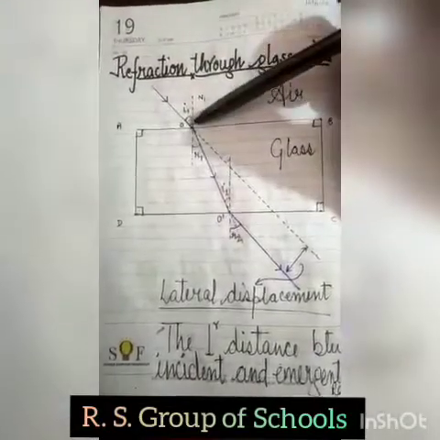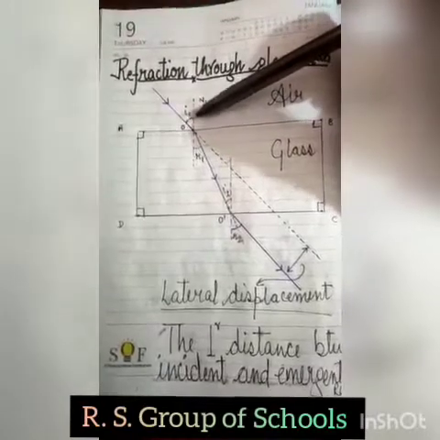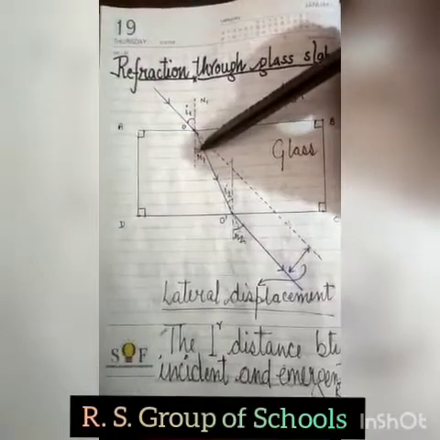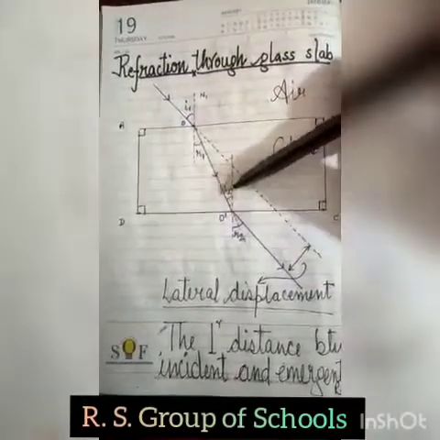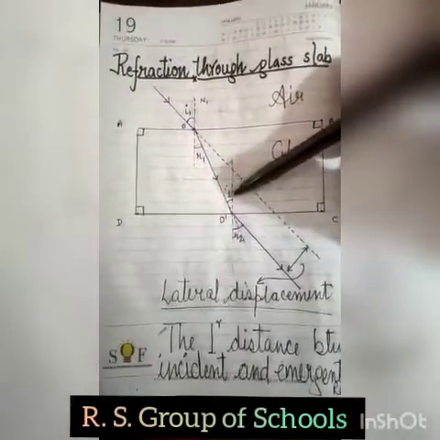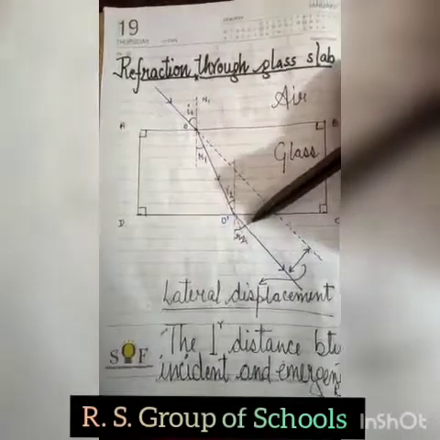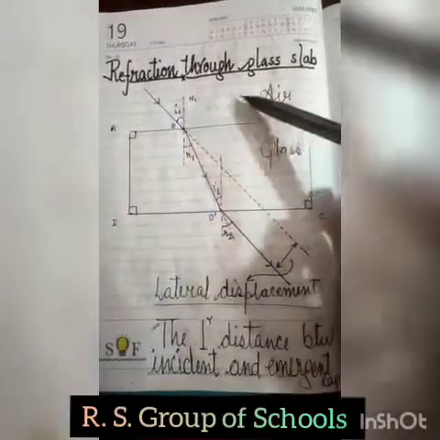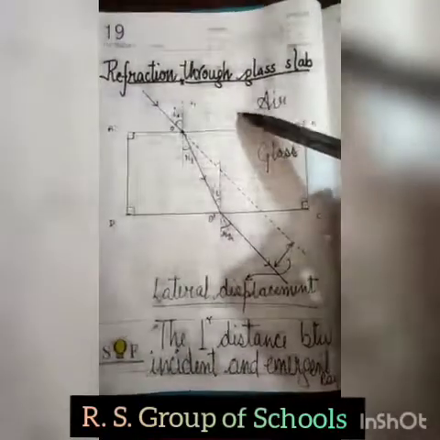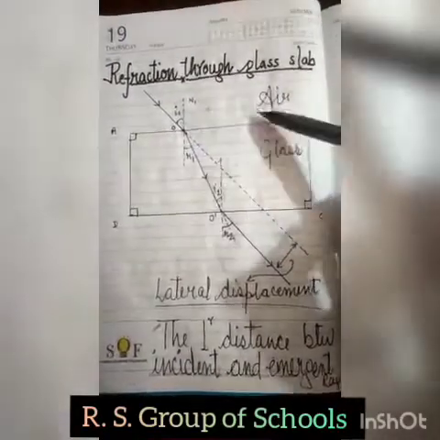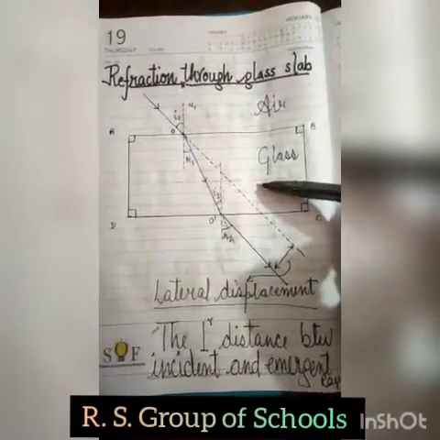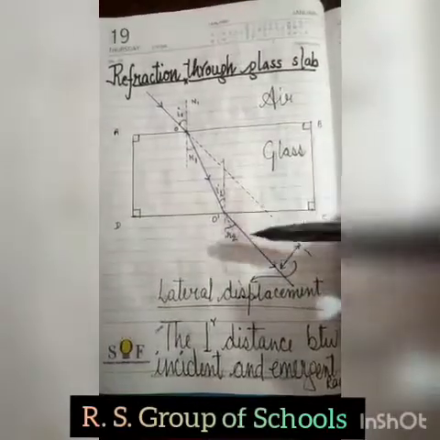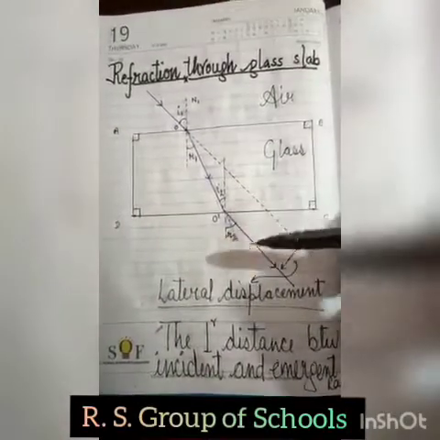So now we are going to apply Snell's law at point O, where angle of incidence is I1 and angle of refraction is R1, and thereafter at point O dash, where angle of incidence is I2 and angle of refraction is R2. Here at point O, the ray is traveling from air to glass, means rarer to denser, and for O dash, the ray is traveling from glass to air, means denser to rarer.